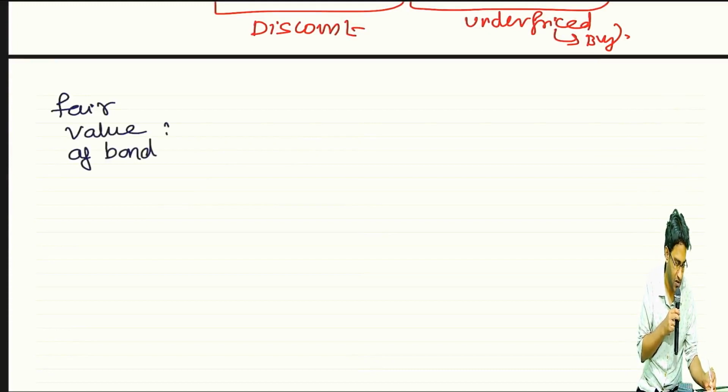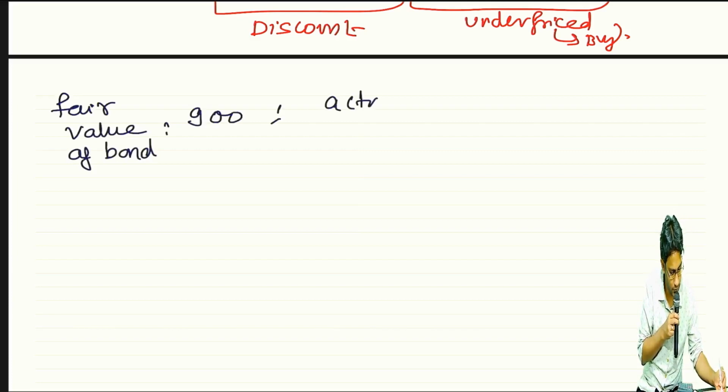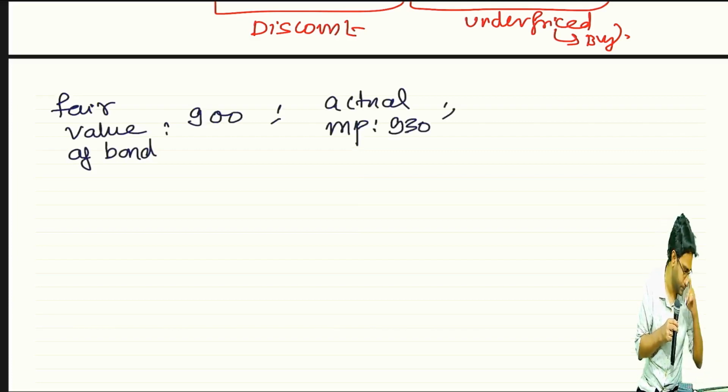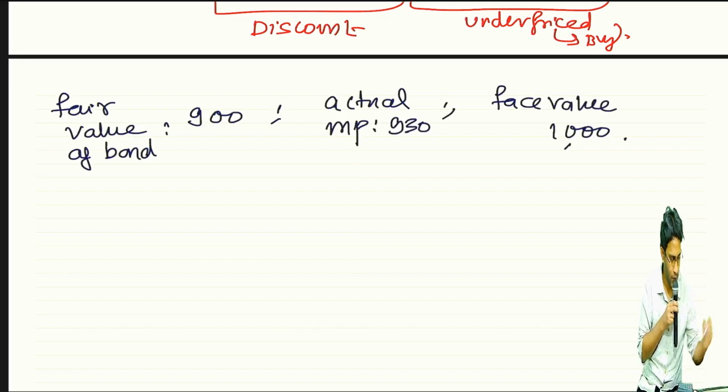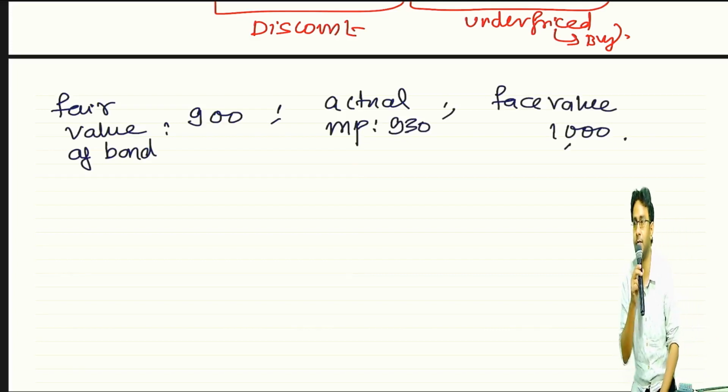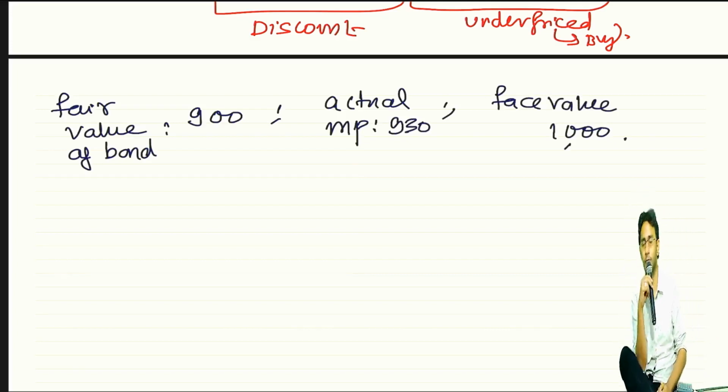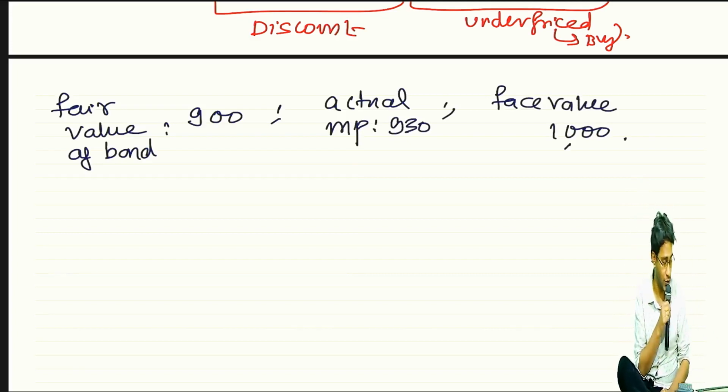This time you are gone, sir. Fair value 900. Actual market price 930. Face value 1000. Bond is underpriced or overpriced? How do you know? Your actual market price is more than the fair value.